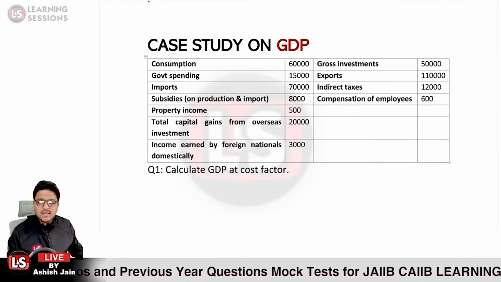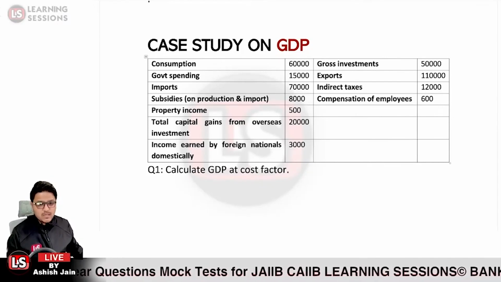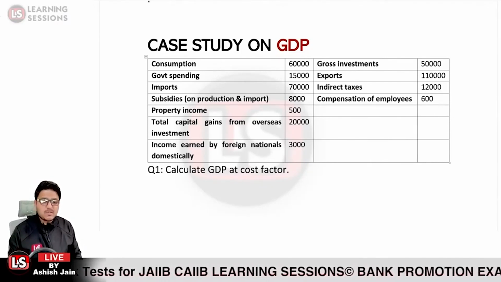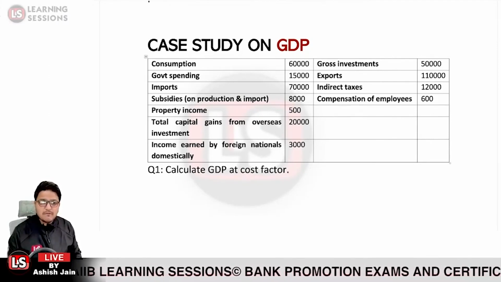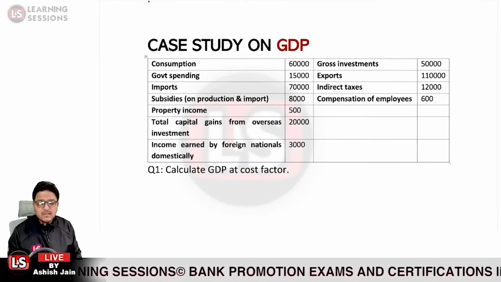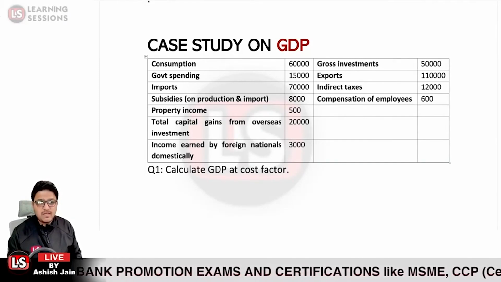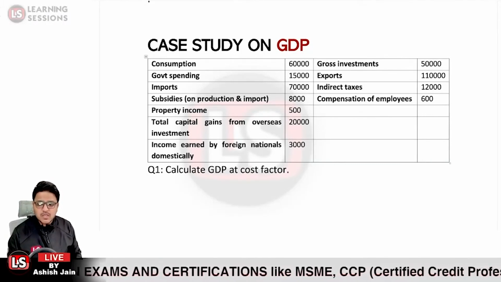Whenever I say we need to calculate the GDP at factor cost, it must be kept in mind that first of all we will be calculating the GDP as per the expenditure method, or GDP at market prices, and after that we will be dealing with the indirect taxes and the subsidies. That is related to GDP at factor cost.